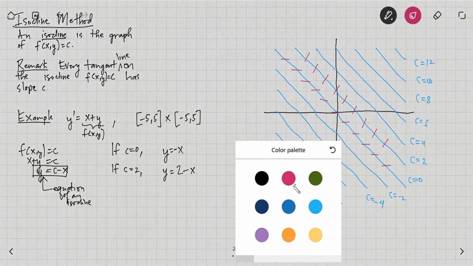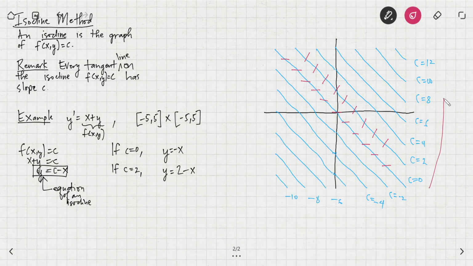So ang mangyayari, yung mga tangent lines natin, habang pupunta tayo dito sa direction na to, lumalaki din yung slope nila. So they become steeper and steeper.